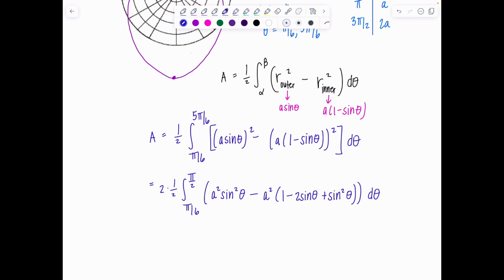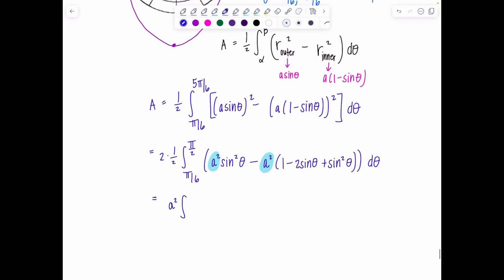Okay? I can also take this a squared out and we'll put it in front. It's just a constant. It's not a variable. So we'll have a squared integral pi over 6 to pi over 2. Now we have sine squared theta minus 1 plus 2 sine theta minus sine squared theta d theta.